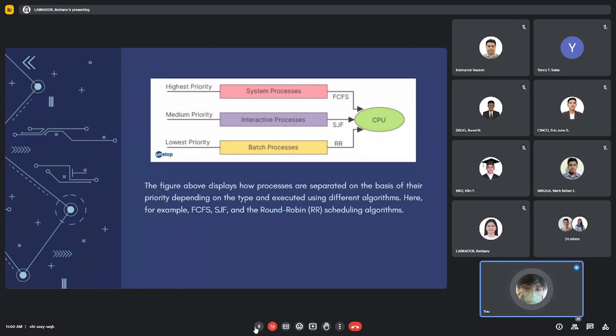The figure above displays how processes are separated on the basis of their priority depending on the type and executed using different algorithms. Here, for example, first come first serve, as we discussed later, SJF and the round robin scheduling algorithms.